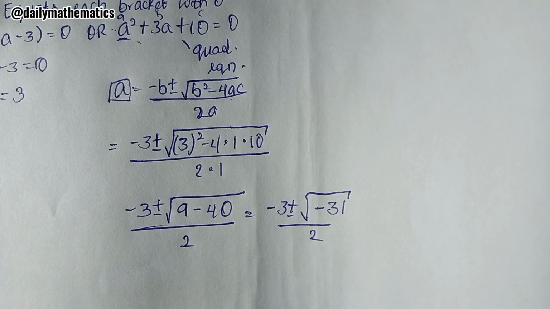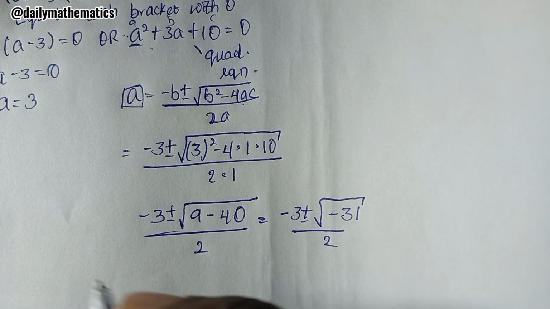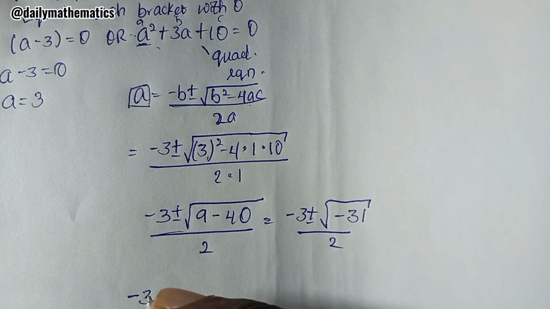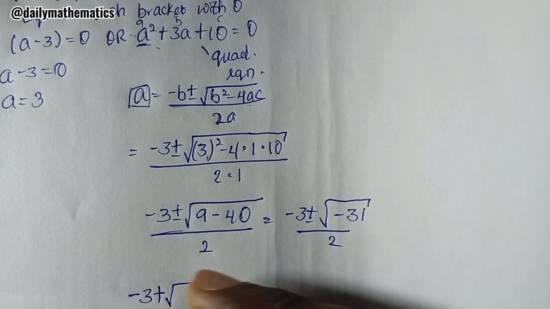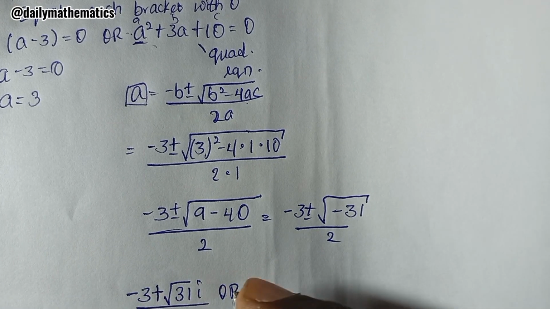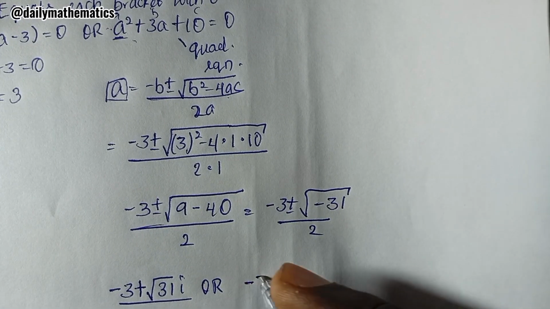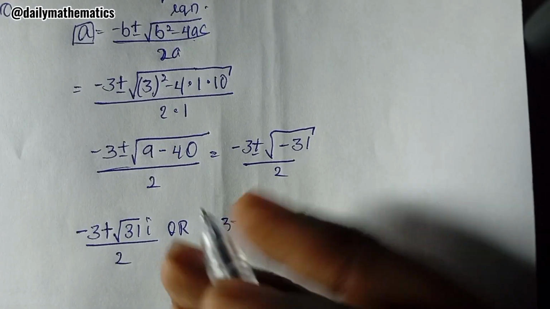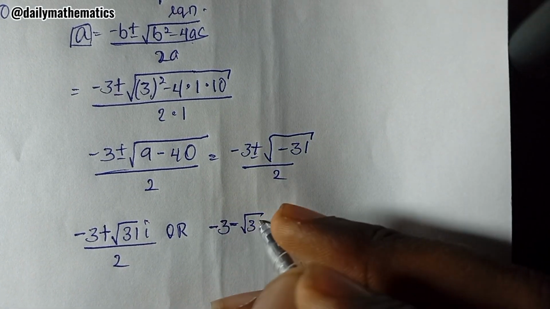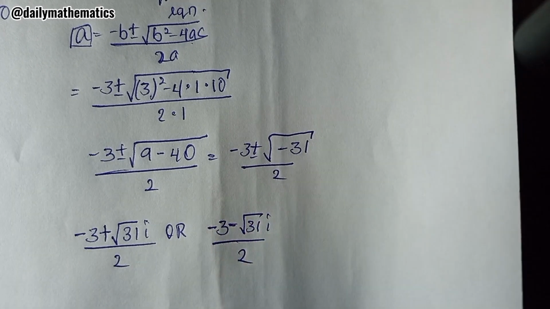So from here, what do we have? We can have the two values of a: minus 3 plus root 31i over 2, or minus 3 minus root 31i over 2.